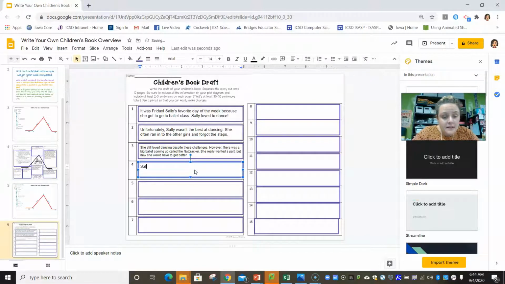So we could say Sally, what was the first thing? Decides in order to get her teacher, Miss Sharp, to notice her, she needs a new leotard and ballet shoes. That would surely get her a part in the Nutcracker.